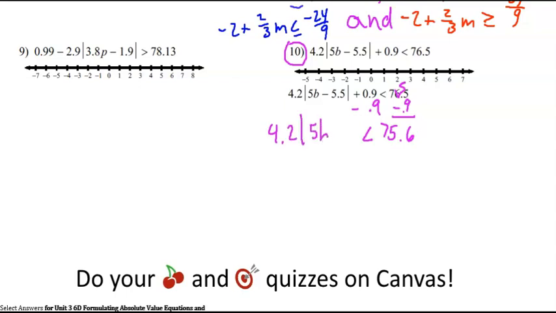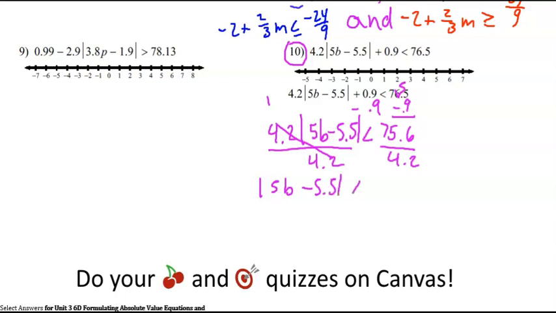And then we would divide each side by 4.2. So this is 1. So we have the absolute value of 5b minus 5.5 is less than 18.